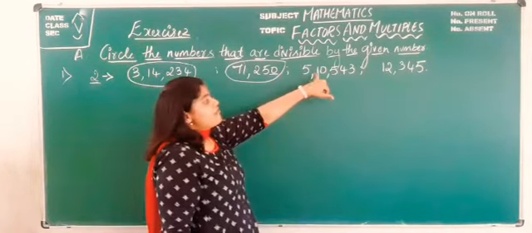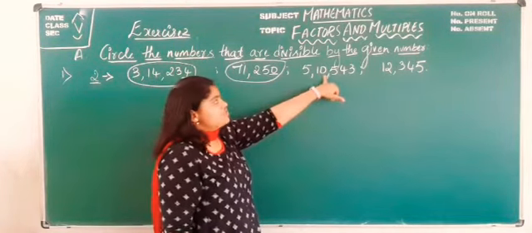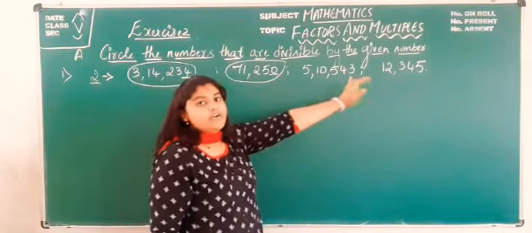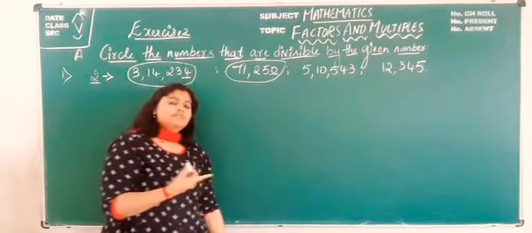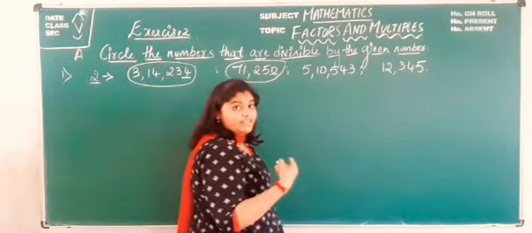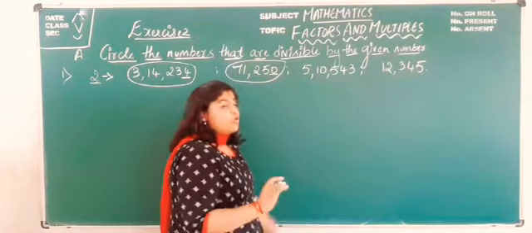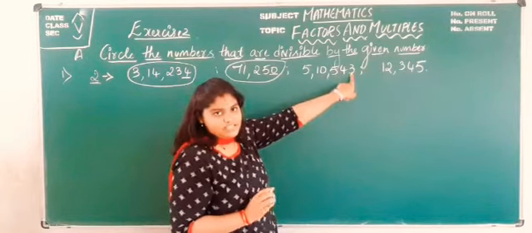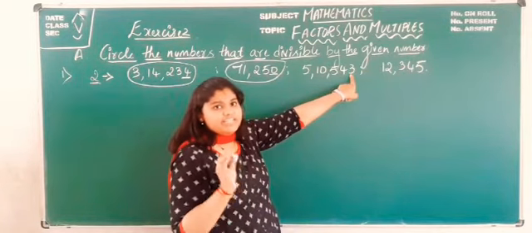Next, we have 5,10,543. Is the given number divisible by 2? No, the given number is not divisible by 2 because here in the ones place, that is the last digit in the given number, is 3.